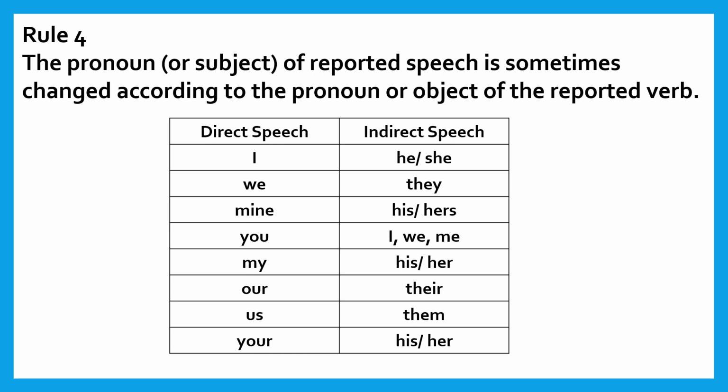We becomes they, mine becomes his or hers, you becomes I, we or me, my becomes his or her, our becomes their, us becomes them, and your becomes his or her.